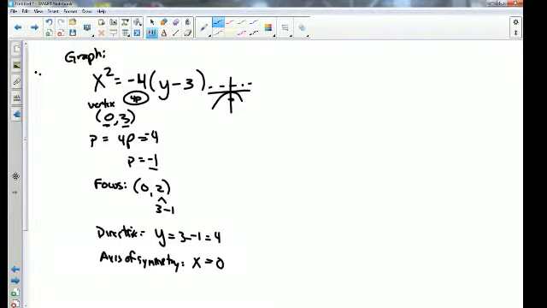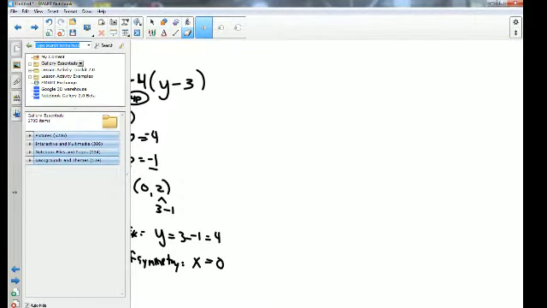The focus, 0, 2. Yep. Wouldn't it be negative 2? No, my graph's not right. It's just an illustration. Let's try this again. How about we just graph it for real, because we need to anyways.